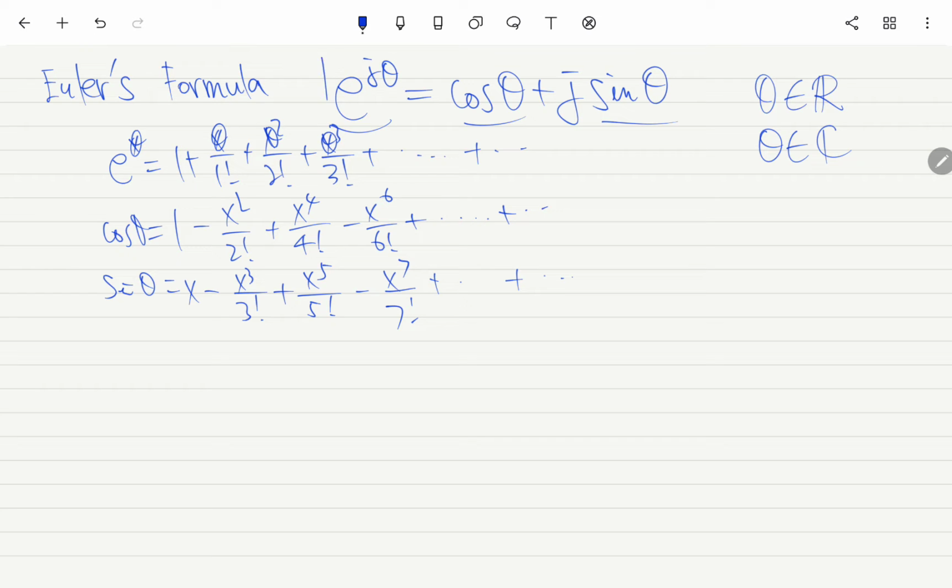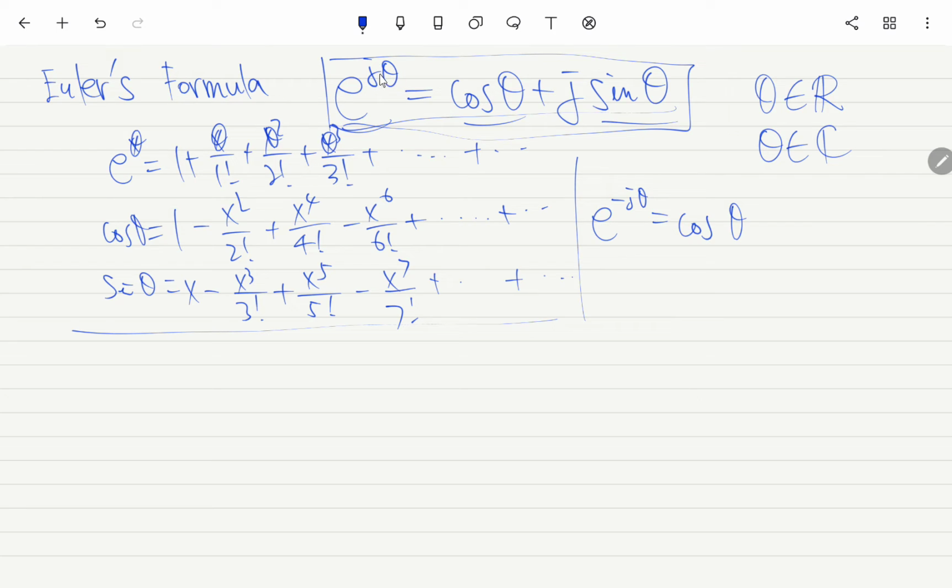Okay, so in such a way we have this thing. Just assume that this is correct, and according to this one, we can have a quick variation of it: exponential of negative jθ will be cosine of θ minus j sine of θ.